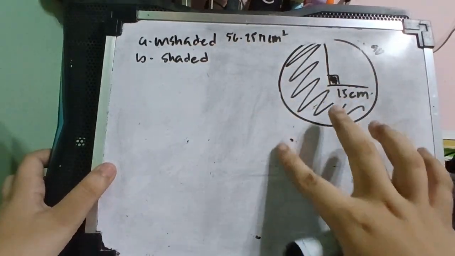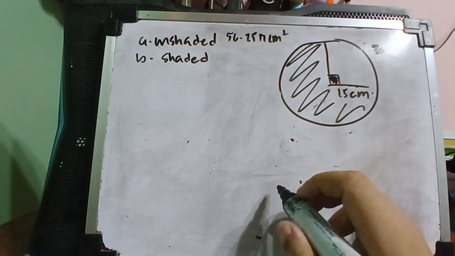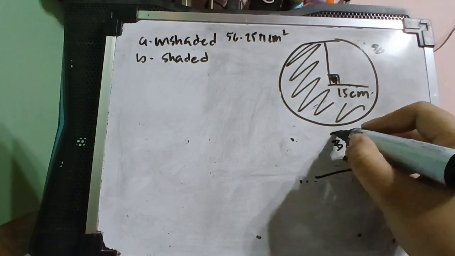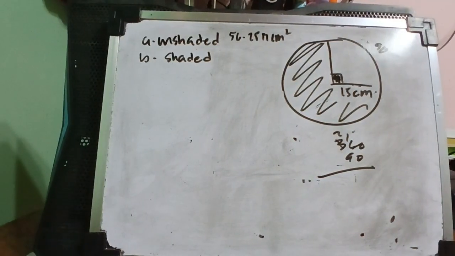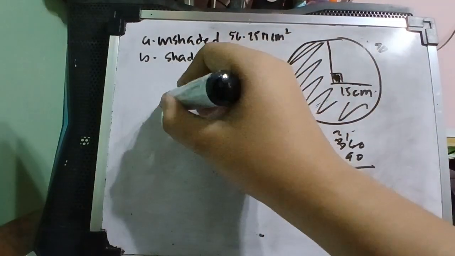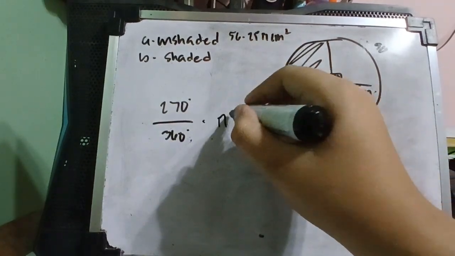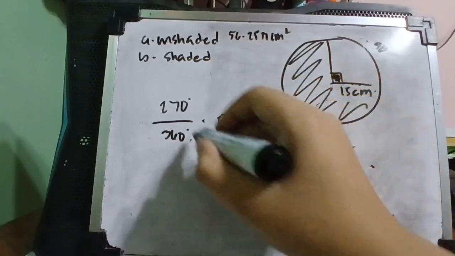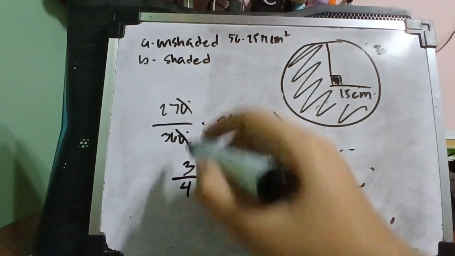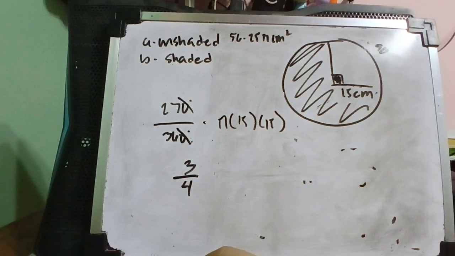Punta naman tayo sa shaded natin. Sa shaded natin, unshaded yung isa. So, sa shaded 90, so 360 minus 90, so 270 siya. 270 over 360 multiplied by pi 15 times 15. So tanggal, magiging 3 over 4, diba? Kasi yung greatest common factor nila is 9. So 9 divided by 27 is 3. 9 divided by 36 is 4.